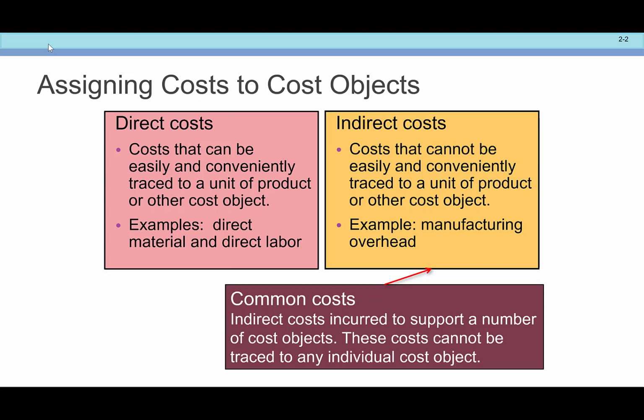Manufacturing overhead tends to fall into 3 categories, and we'll put this up again on another slide, but let's just put it here now. One, I've already given you an example, is indirect material.